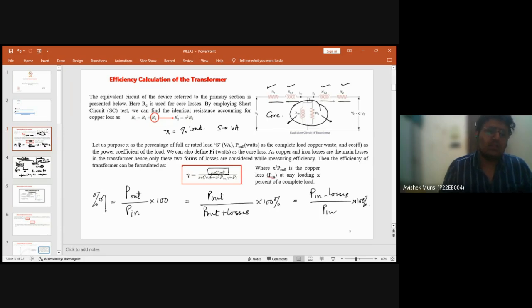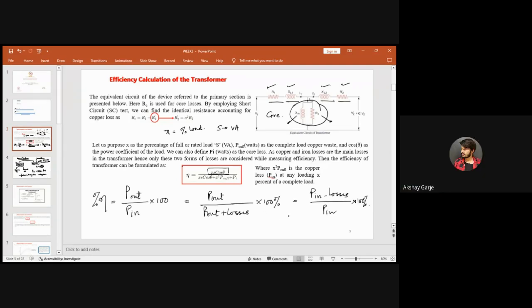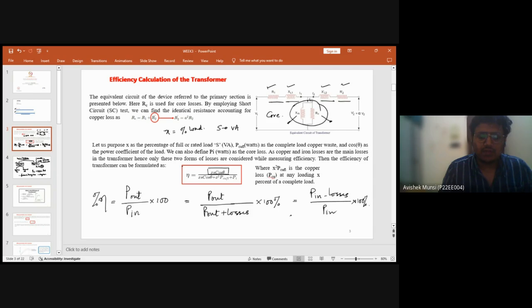Why cos theta? Can anyone tell me? Yes, power factor, obviously, but why are we multiplying KVA with cos theta? Because in the last lecture, I already discussed the power triangle. So basically, we have kilowatt and kVAR, and we are getting kVA.